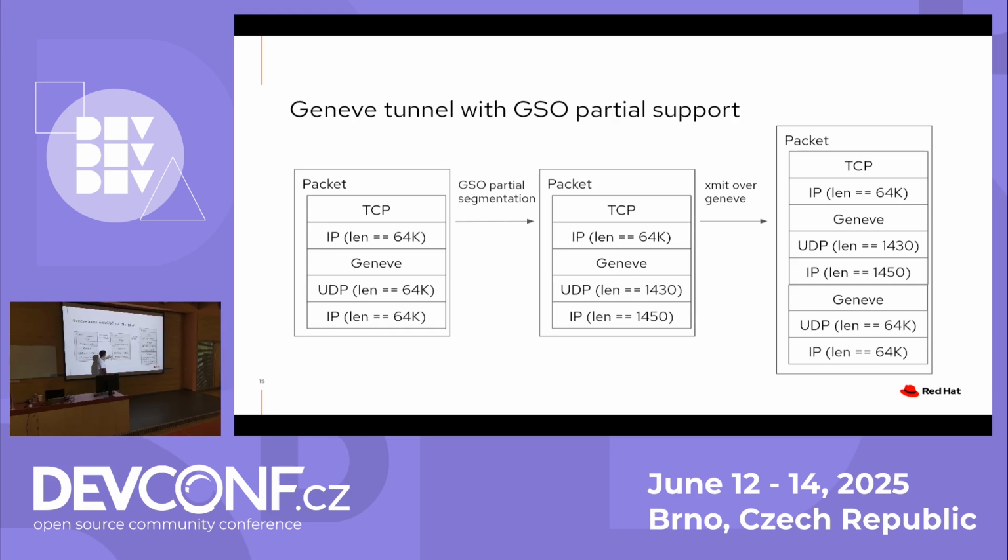So the kernel will do partial segmentation, the packet will remain a GSO packet, and the second Geneve tunnel can add the second set of encapsulation headers, creating this quite strange looking GSO packet.